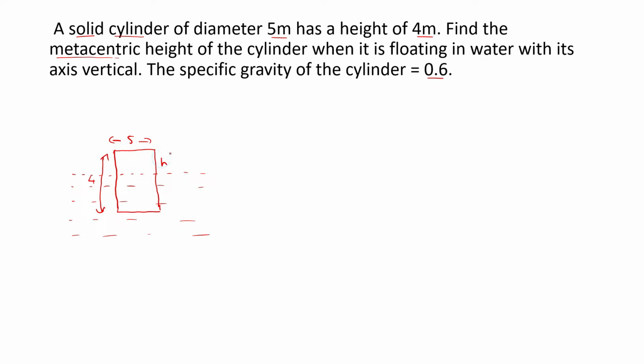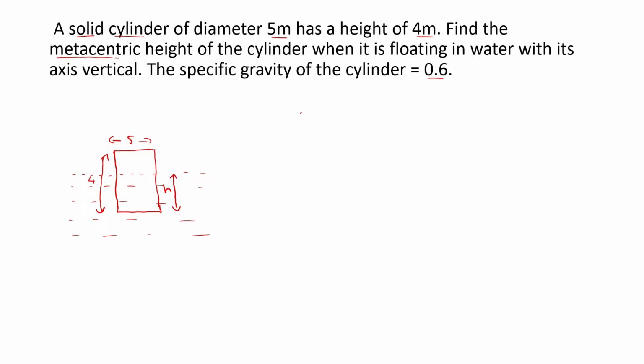You don't know how much it is submerged or how much it is floating. So let us take it as h, that is the length of the portion below the water. So first you need to find h.